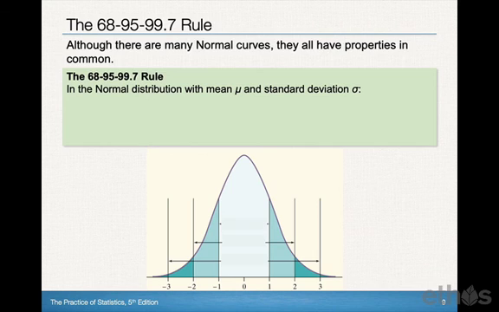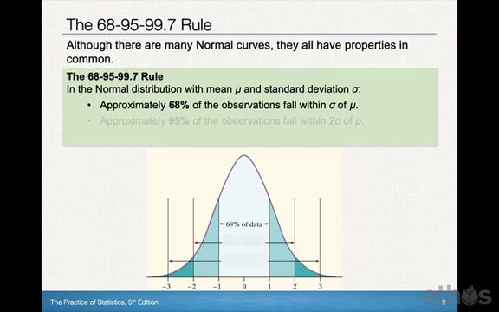Notice that by the time you get out to 3 or -3, there's not much left under the curve, just little bitty pieces under the tail. So we really don't have to go all the way to 4, but remember this curve, the purple curve on either end, is an asymptote. So z technically goes up to infinity and down to -infinity. It just doesn't have much area under the extreme ends of the tails.